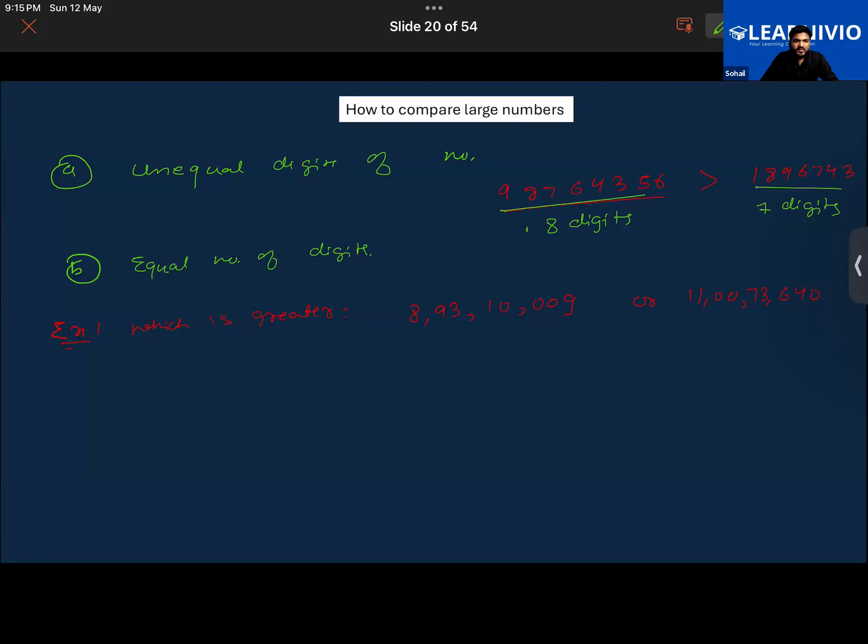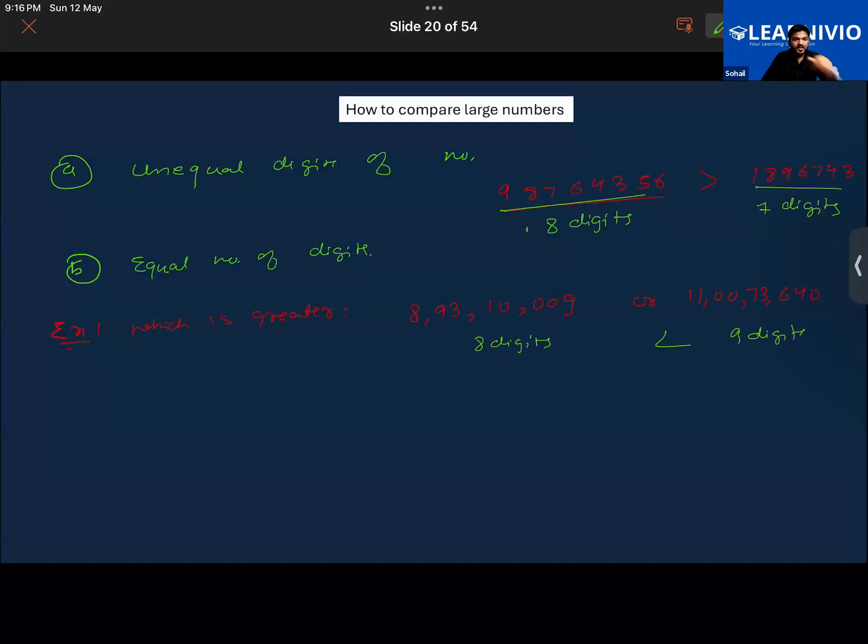First of all, count the number of digits. How many digits are in the second one? 9. And the first one? 8. So obviously the one that has more digits will be greater. The second one is greater.